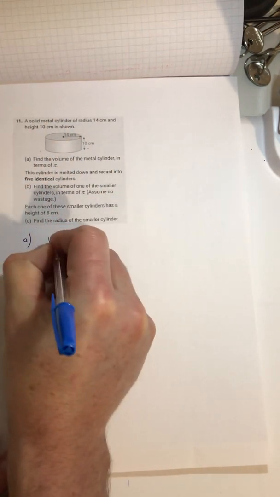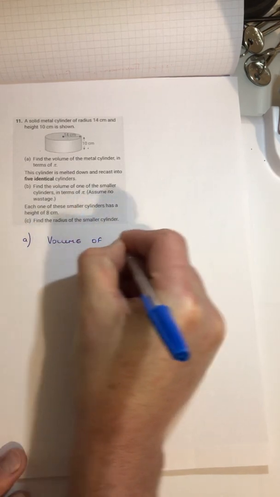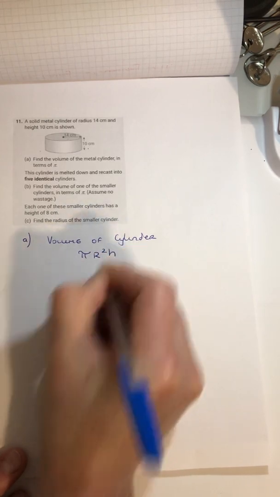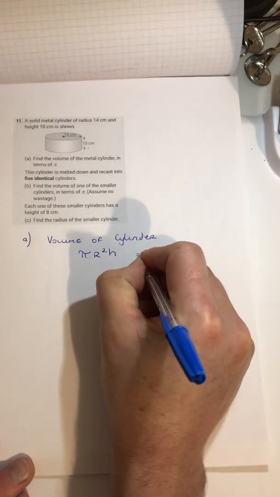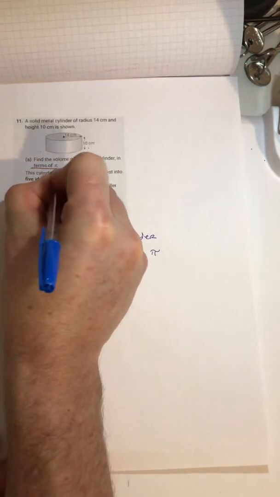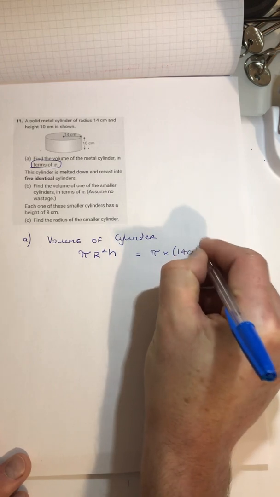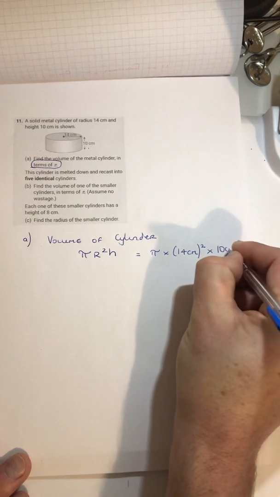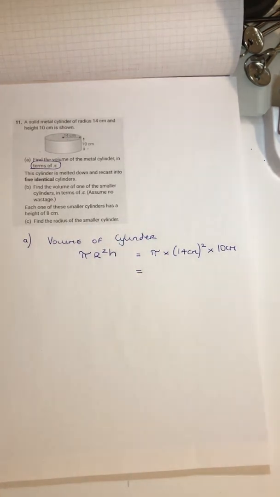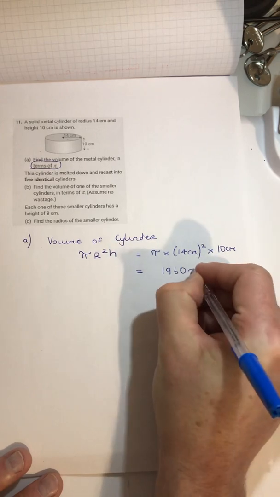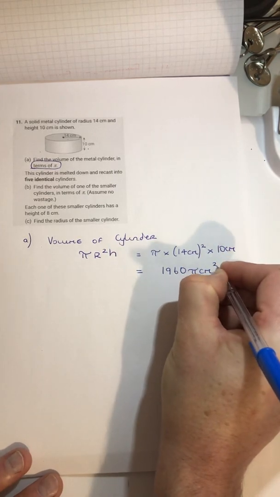So part A, volume of cylinder, and the formula for that is pi r squared h, which is equal to, in terms of pi, so we're going to leave pi, multiplied by the radius 14 centimeters squared, and the height is 10 centimeters, which is equal to 1960 pi centimeters cubed.